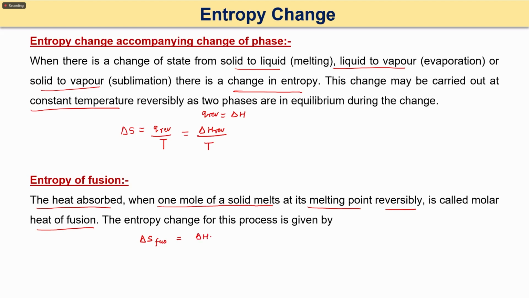The enthalpy change in that case will be called the enthalpy of fusion, that is molar heat of fusion at a melting point. So here T will be your melting point, because your solid is melting and getting converted into liquid.